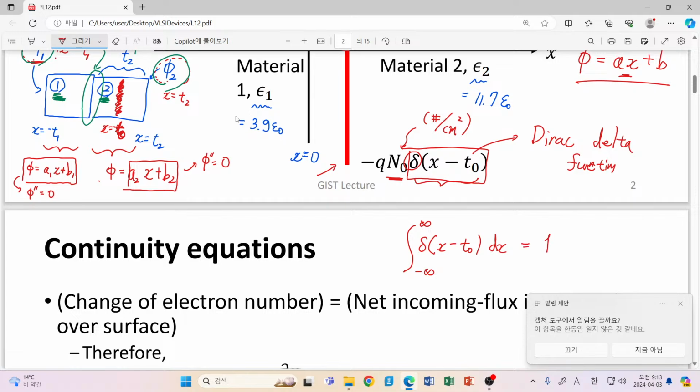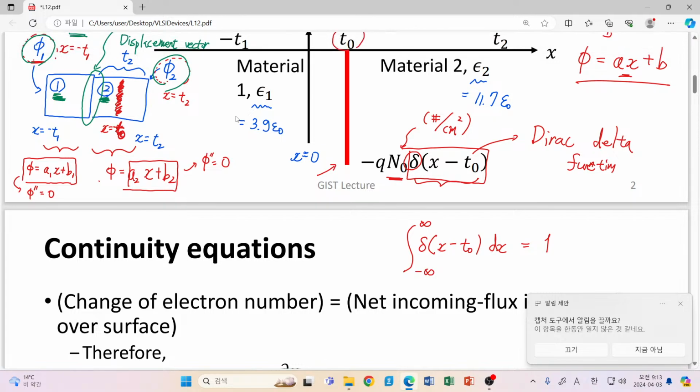That's not that interesting, but the point is, if your integration domain includes this t sub 0, then it always gives you the integration result 1.